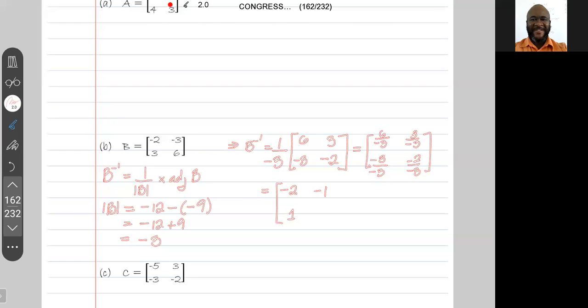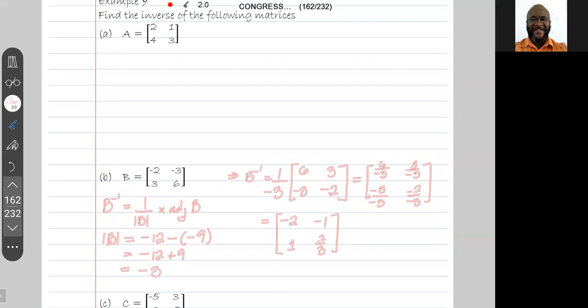And minus 2 divided by minus 3 is positive 2/3. So the matrix B inverse is minus 2, minus 1, 1, 2/3. That is the matrix B inverse.